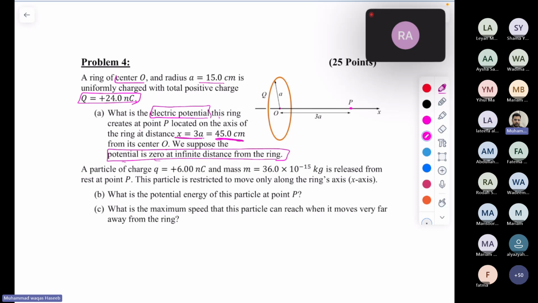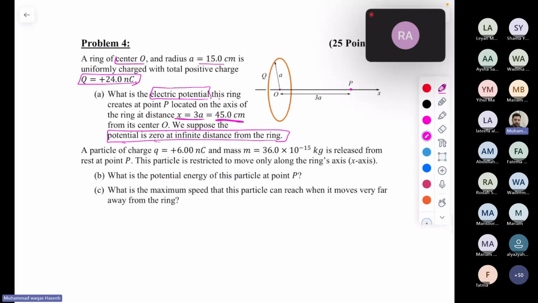So if you are seeing this ring from point A, at this point it just looks like a point charge, but this distance has to be calculated. This is given as 3a.